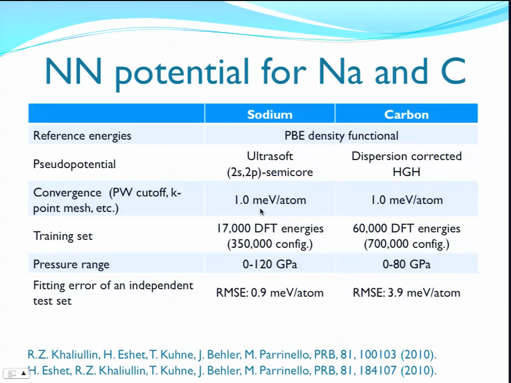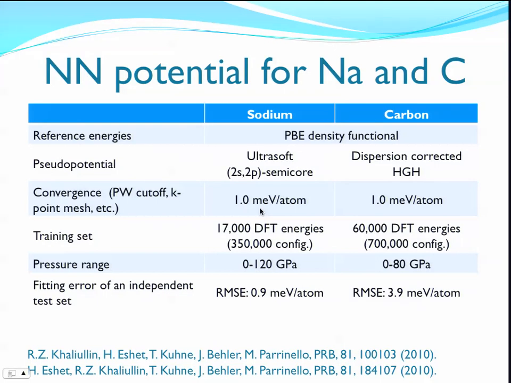And we included many thousands of these density functional energies to train our neural network. And the number of different atomic configurations included in this training set is on the order of a million. Of course, we included configurations in the pressure and temperature ranges that we wanted to reproduce.